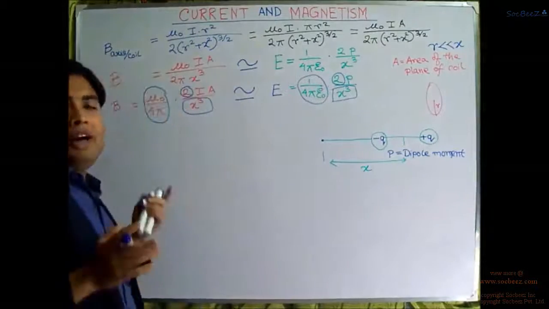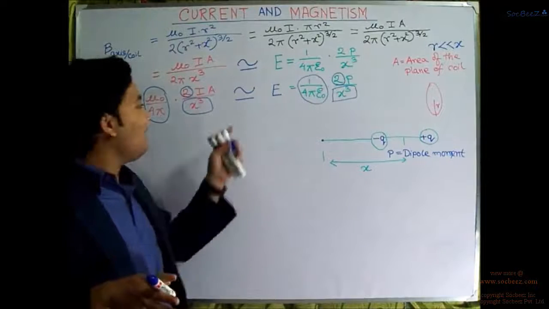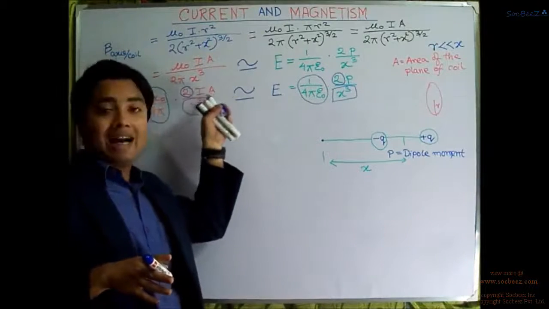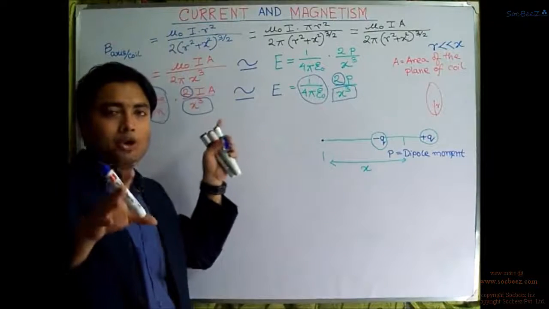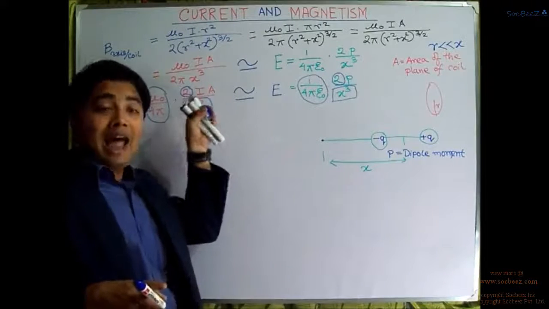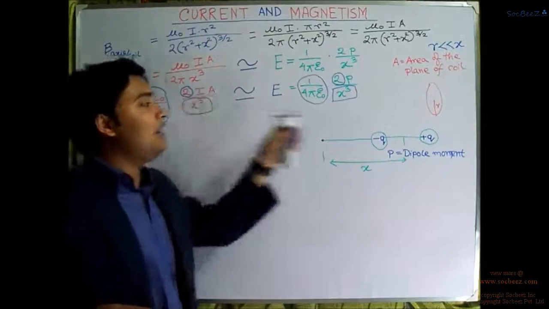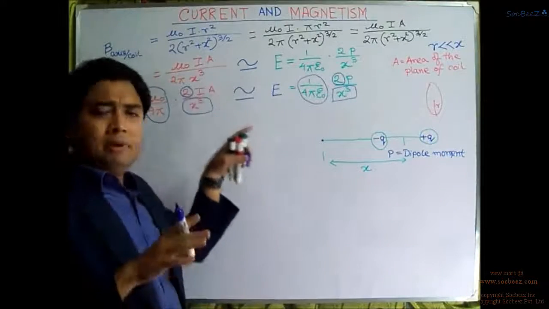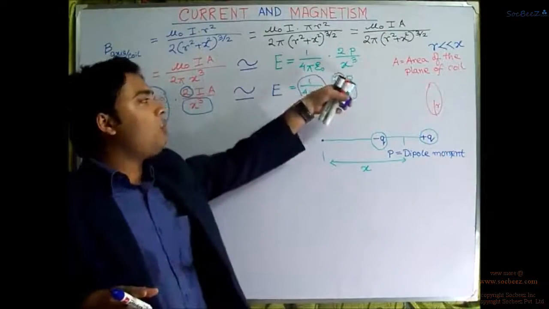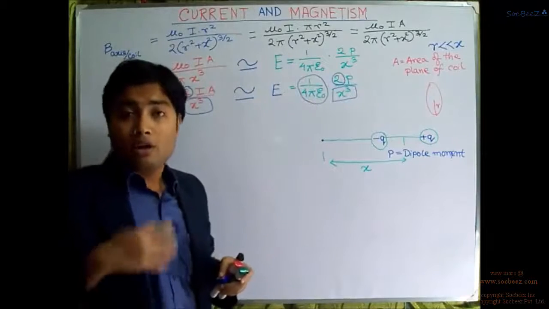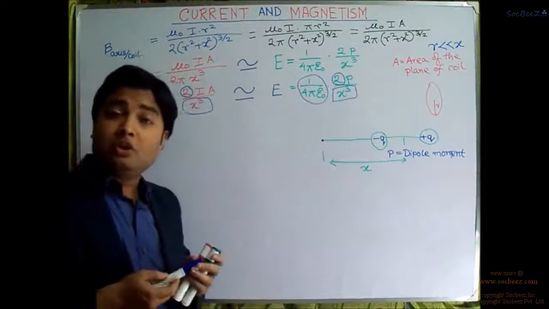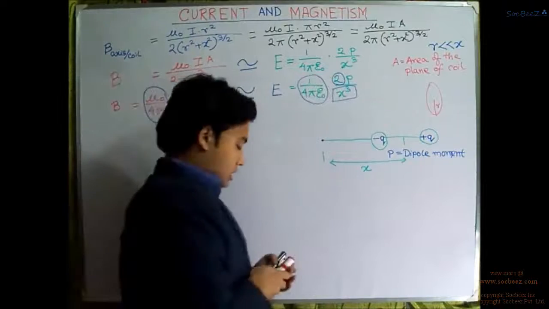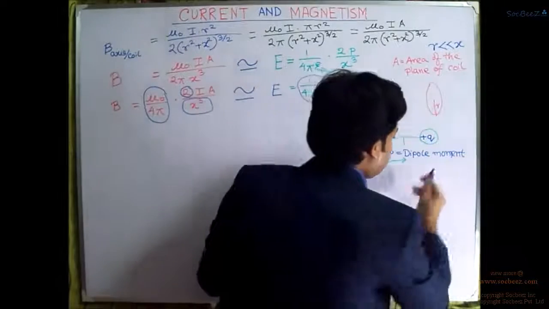The only remaining comparison is that the product of the current and the area of this coil plane is similar to what we got for the dipole moment. So if we introduce the term, this is the electric dipole moment.